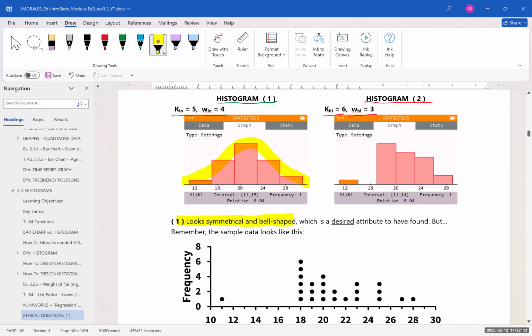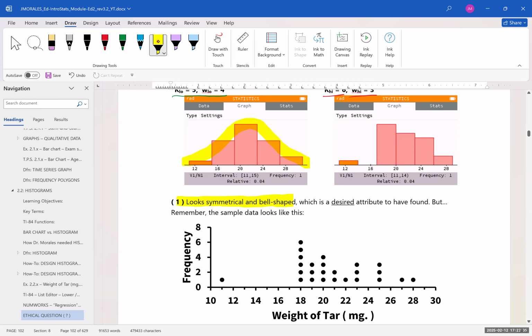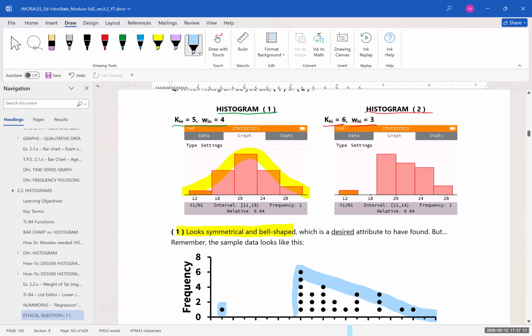But remember what our data looks like. Remember what I said, our data has this one little point out to the side, and then it looks like it has this maximum and slowly tapers down to this higher weight of tar. And so when you look at histogram 2, it has this one class way out here to the side with this mode, this higher class here, class 3, and then slowly tapering down as we get to higher amounts of tar.